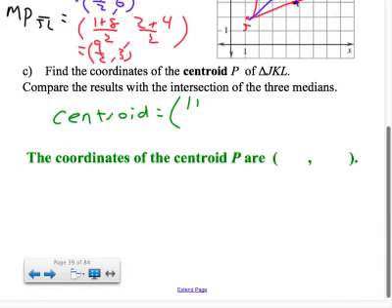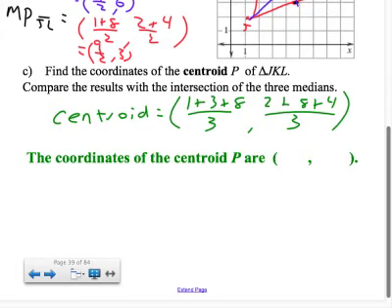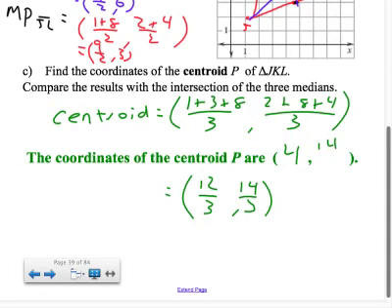So I do (1 plus 3 plus 8) divided by 3. Most common mistake here is people divide by 2. And then I have (2 plus 8 plus 4) divided by 3. So as I simplify, 3 and 1 is 4, that's 12 over 3, comma, 14 over 3. The 12 over 3 clearly simplifies to 4. The 14 over 3 we'll just leave as 14 over 3. And so there's the coordinate of the centroid, (4, 14/3).